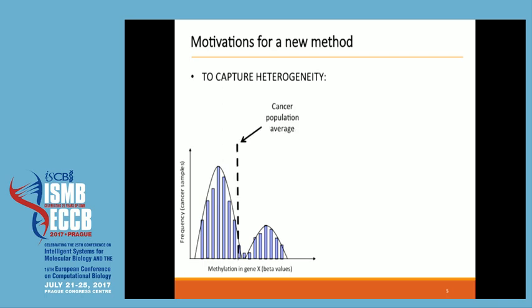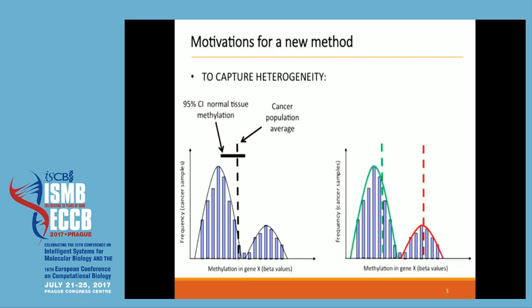However, previous methods would take mean methylation across all tumor samples and then compare them with normal tissue, and they would conclude that you don't see abnormal methylation in this gene in cancer. We wanted to develop a method where you can identify two different subpopulations and then compare each of these with the normal range. And so now you can identify that a subpopulation of individuals in this gene are hypermethylated relative to normal tissue.